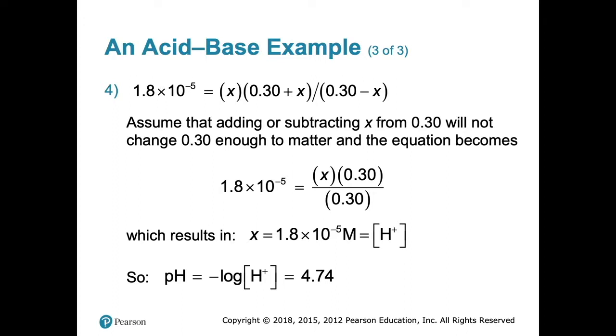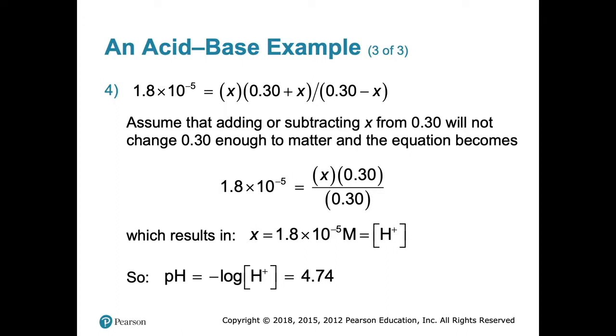So all that leaves you with is, you see how over here we have the Ka, and then the 0.3 here, the plus x is gone, and over here the minus x is gone. So that just gives you x times 0.3 divided by 0.3, and then x equals 1.8 times 10 to the negative 5.